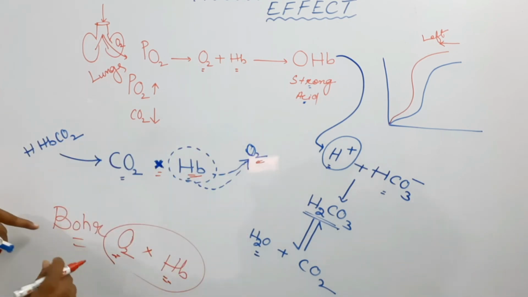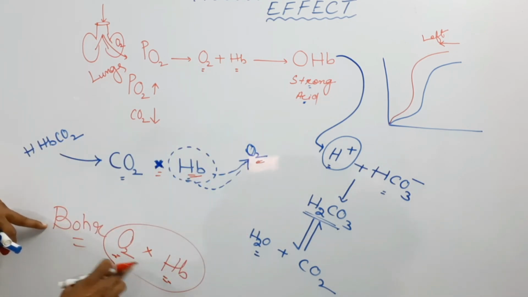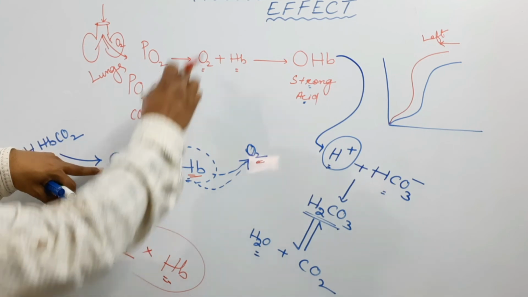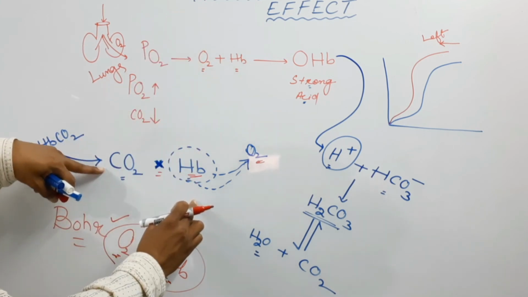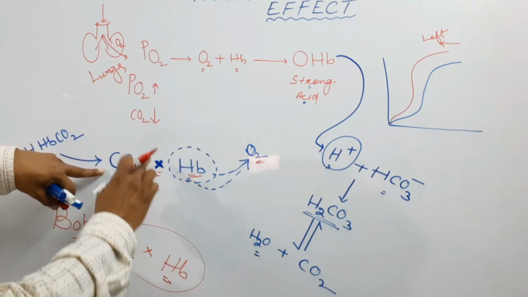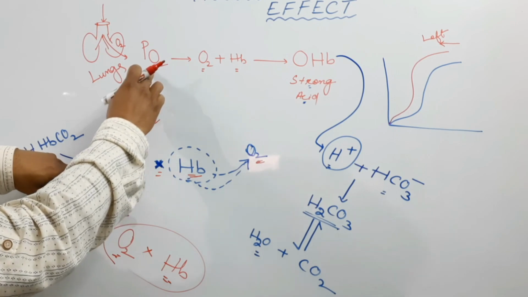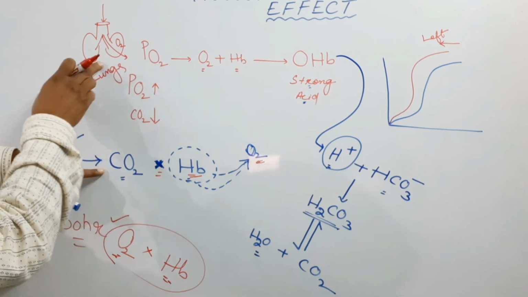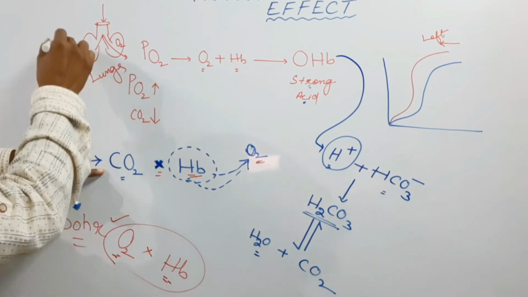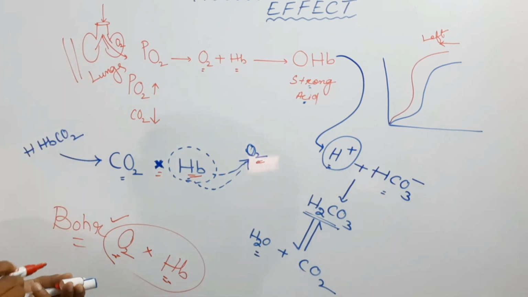The Bohr effect tells about internal respiration at the tissue site, but the Haldane effect tells about the gaseous exchange, or the oxygen exchange, at the lungs level, or external respiration.